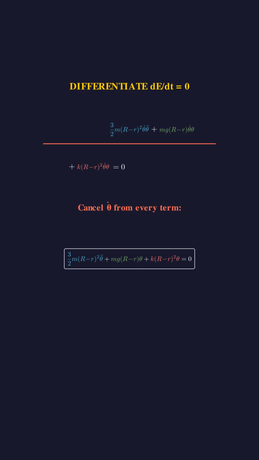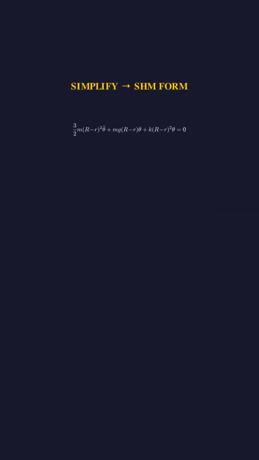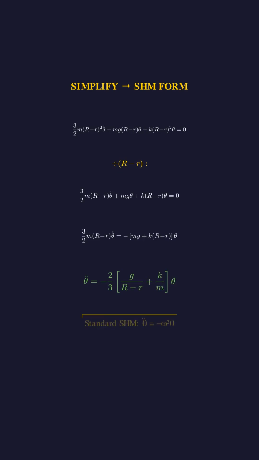Cancel theta dot from every term since the disk is moving. After canceling, we get 3/2 m times (R minus r) squared times theta double dot plus m g times (R minus r) times theta plus k times (R minus r) squared times theta equals 0.